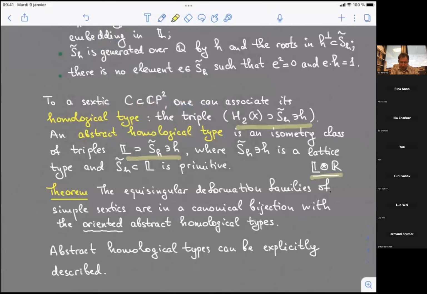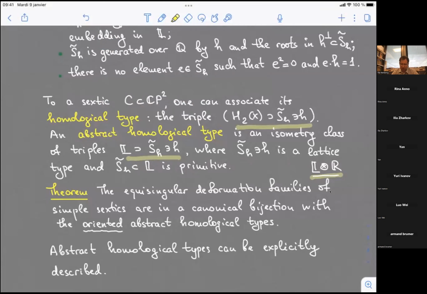And so what I mean is that there are two coherent orientations of this collection of positive definite two planes in the orthogonal complement of my hyperbolic sublattice, and the choice of one of these two coherent orientations is what is called oriented abstract homological type.